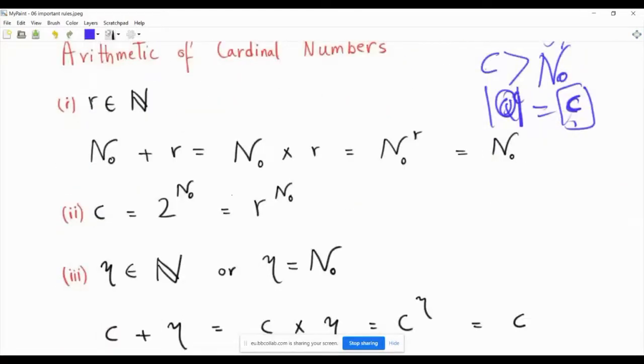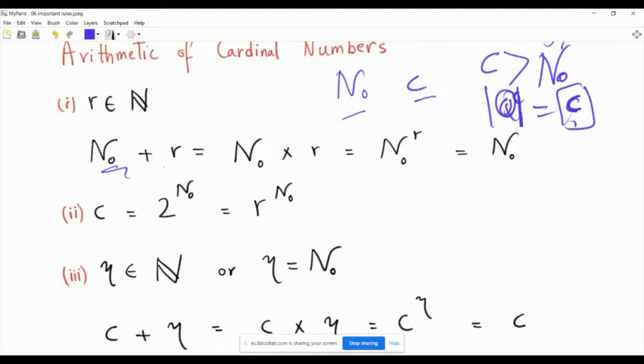Arithmetic of cardinal numbers. Cardinal numbers are our heroes, but because this course is not about set theory and so on, we will just focus on Aleph Naught and C. The arithmetic of cardinal numbers is somewhat surprising, and there are things you see in front of you right now that should not be extended to finite numbers.